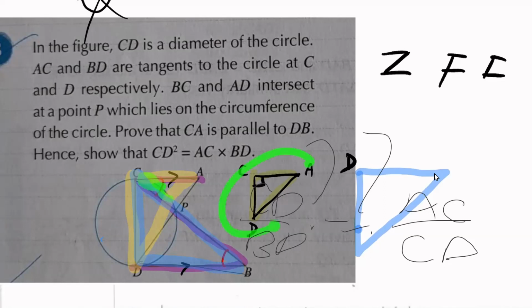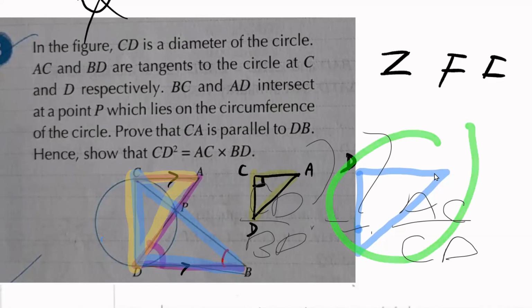ACP is not an angle inside this diagram, right? So maybe, sorry, wrong. The other Z: CAD equals ADB. But is ADB inside the triangle? BDA, oh no, it's also not. So maybe Z is not so relevant.